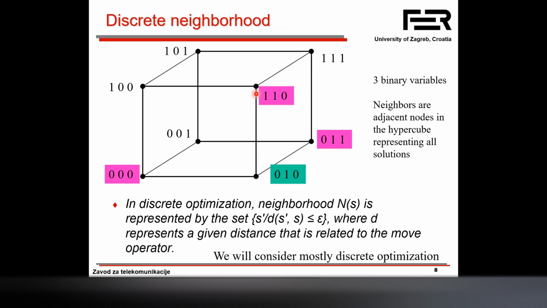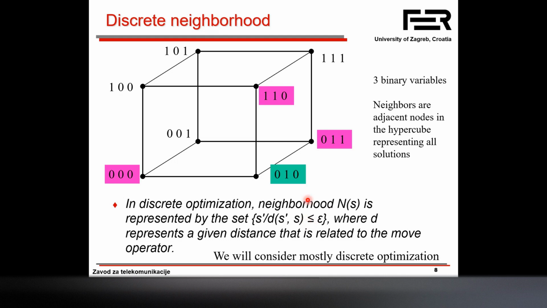If we're looking at a discrete neighborhood, so we have some kind of a discrete optimization problem, such as this example of a binary representation, we can say that this neighborhood is represented by all solutions whose distance with respect to our current solution is less than a certain amount. Now, the question is what we mean here by distance.